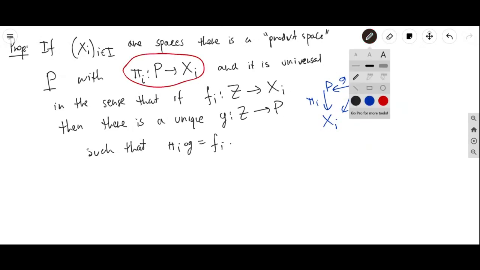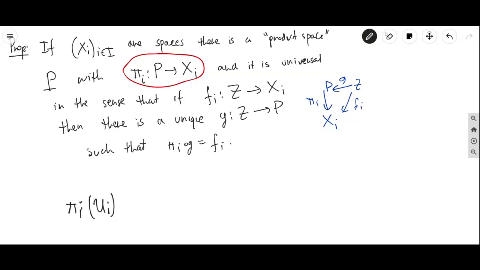If those maps are continuous, then if you pick an open set in X_i and pull it back, it would be of the form U_i in the ith coordinate, and it could be anything in the other coordinates. But in the ith coordinate, it has to be U_i. So if you want these maps to be continuous, then the pullback of an open set has to be open. So these have to be open sets.